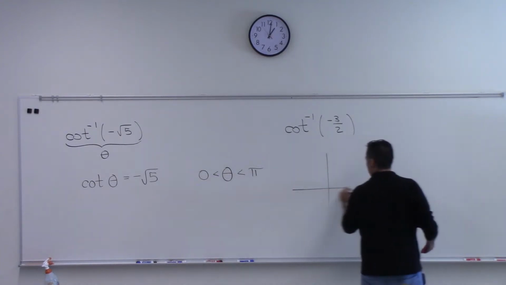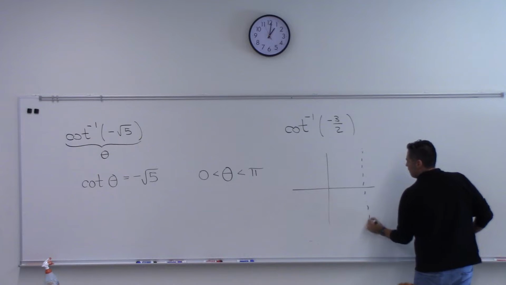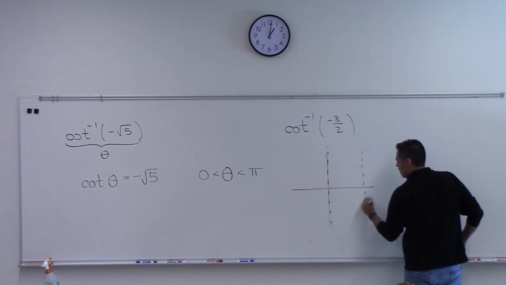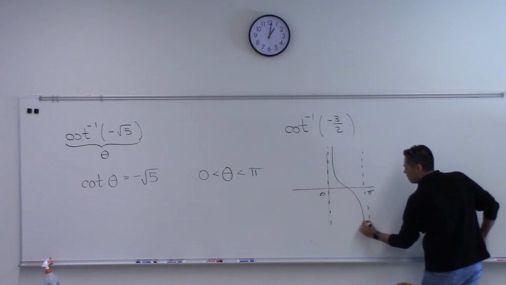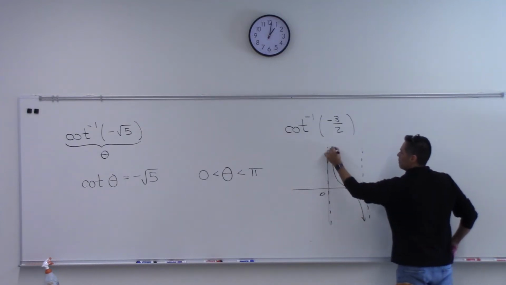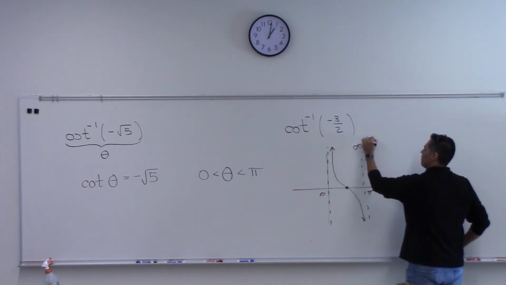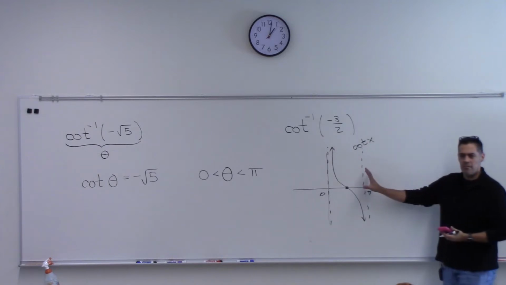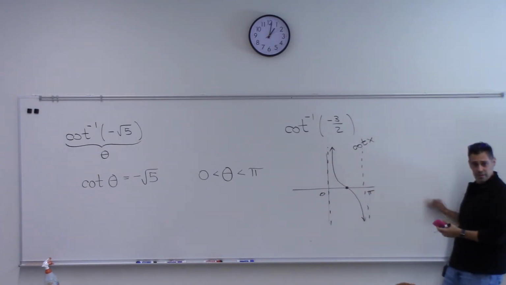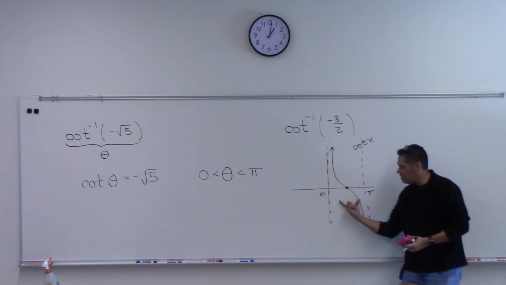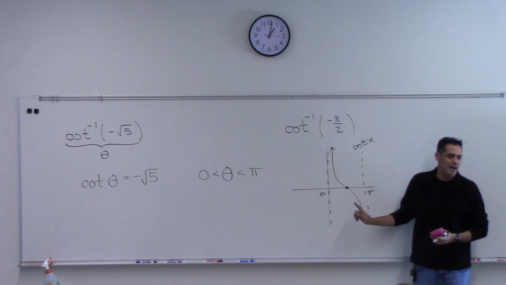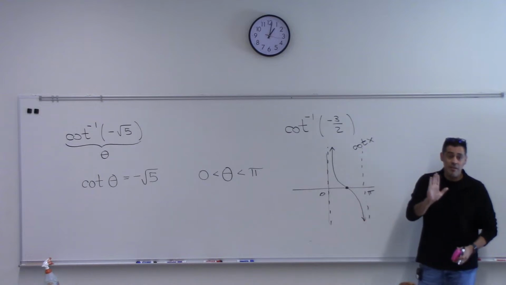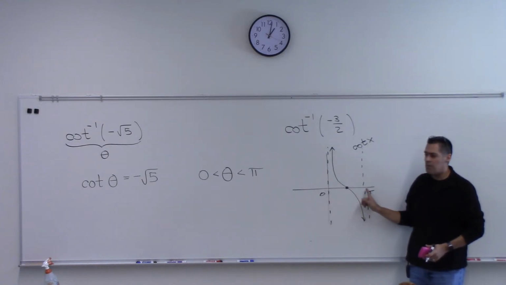If we were to graph cotangent, here's pi, here's 0. This is what cotangent of x looks like. It keeps on repeating itself, but we picked this little period of it in order to define the inverse. So our answer needs to be between 0 and pi.